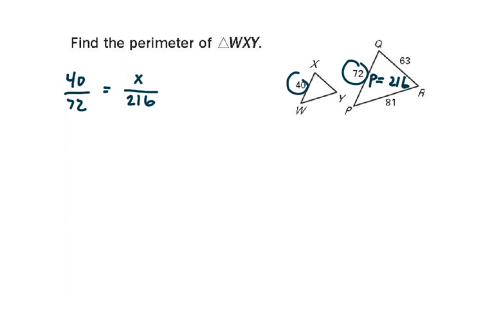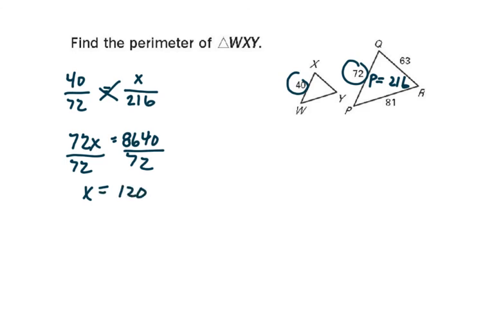The unknown perimeter goes on top. And we are going to cross multiply and solve. 72x equals, I want to say, 8,640. I'm going to punch that into my calculator real fast. I'm sorry we've moved so fast. That is divisible by 72. x equals 120. So the perimeter of the XYW triangle is 120.